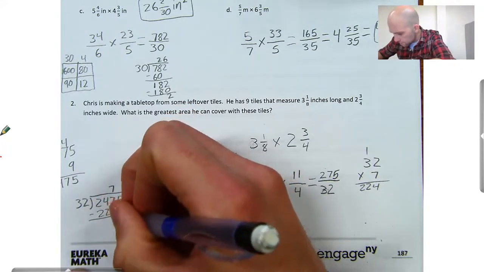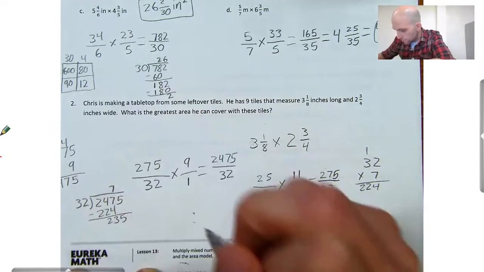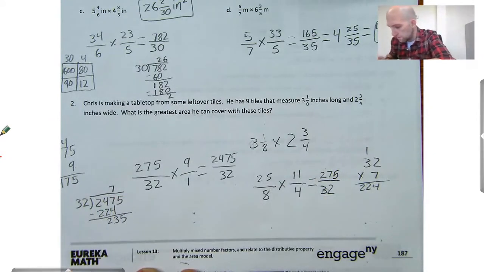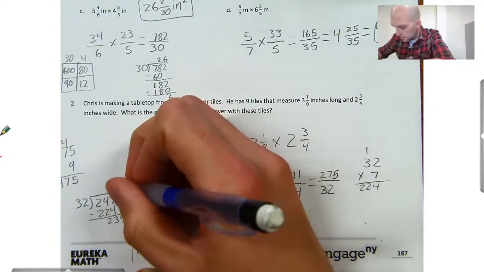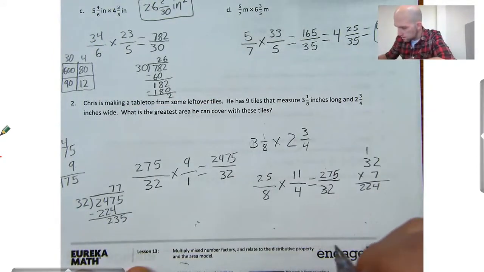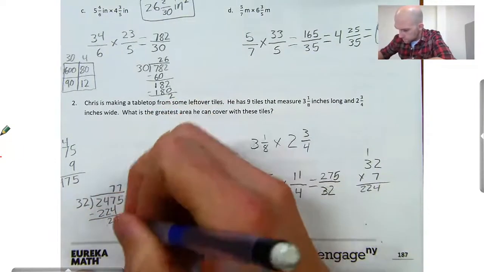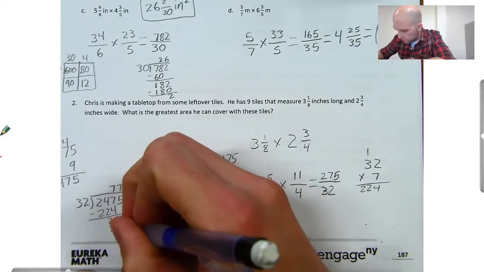And we end up with 235 left over. And it looks like it's going to be 7 again. We're at 224 here.